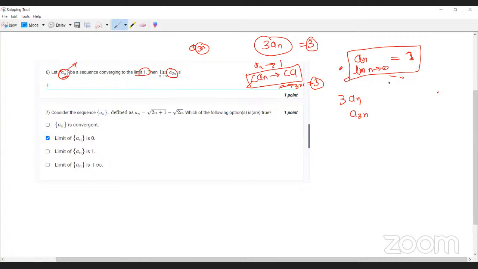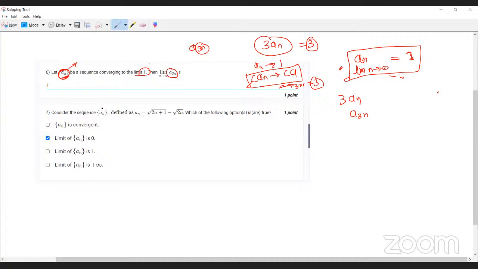Actually, here I am confused. With a_{3n}, one thing I understand: if I put n equal to 1, I get 3, and n equal to 2, I get 6. But where is the a? a_{3n} is a single term; a is not a different term from 3n.